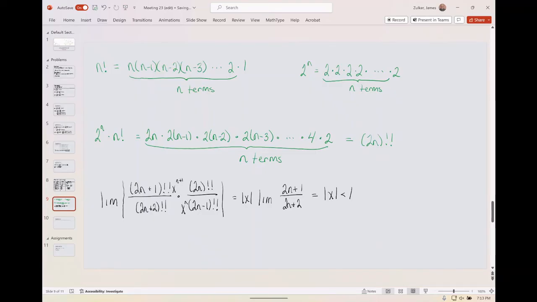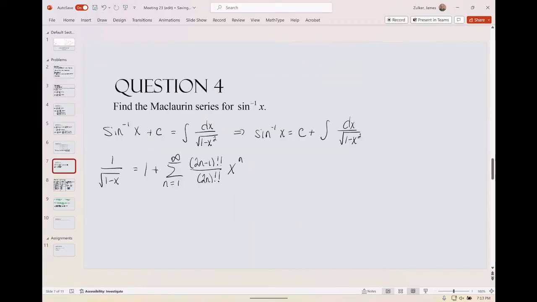I'm going to leave it as an exercise that the series diverges at the two endpoints. You have to show that. So the interval of definition is the open interval from negative 1 to positive 1.